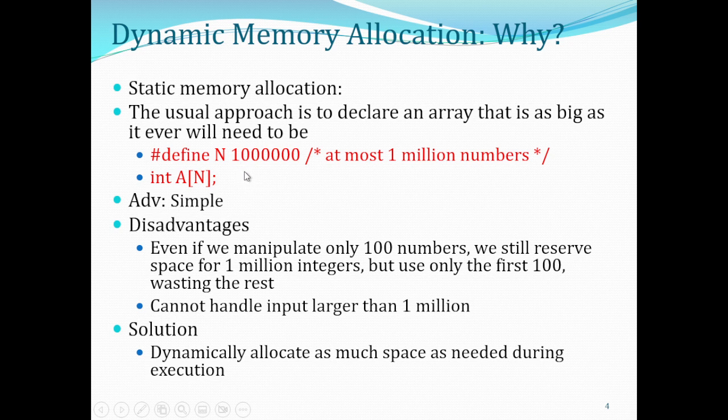When you want to define, let's say, an integer matrix of n by n, most likely the system will say that you don't have that much static space. For example, a million by million matrix.